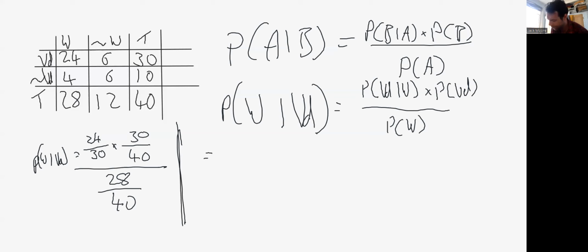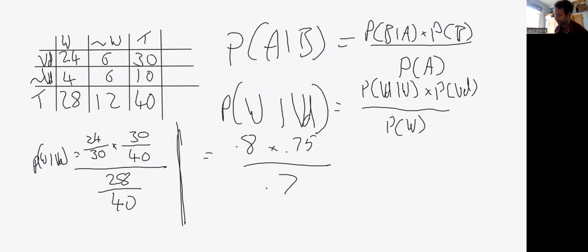So that equals 0.8 times 0.75 divided by 0.7.